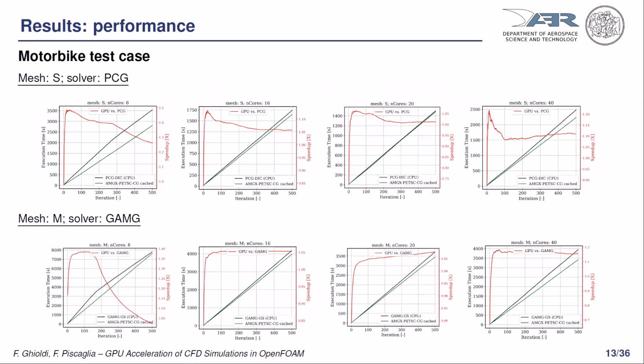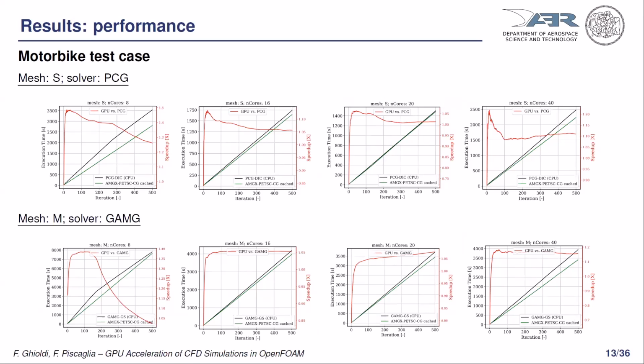In terms of speed up, we started with small simulations, because as I showed at the very beginning, there are a lot of people who are using few cores. And so we tried to use few cores in order to understand whether we have advantages or not.